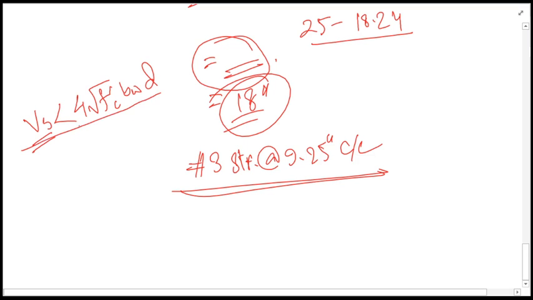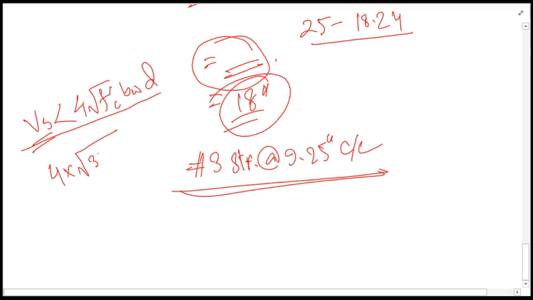The required Vs, that is if it is less than 4 root Fc prime BWD. So again you will have to calculate this 4 root Fc prime. So let's calculate this one.